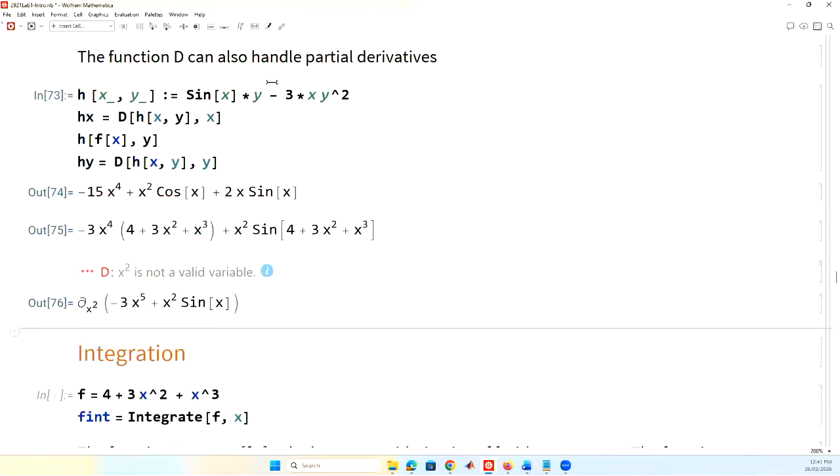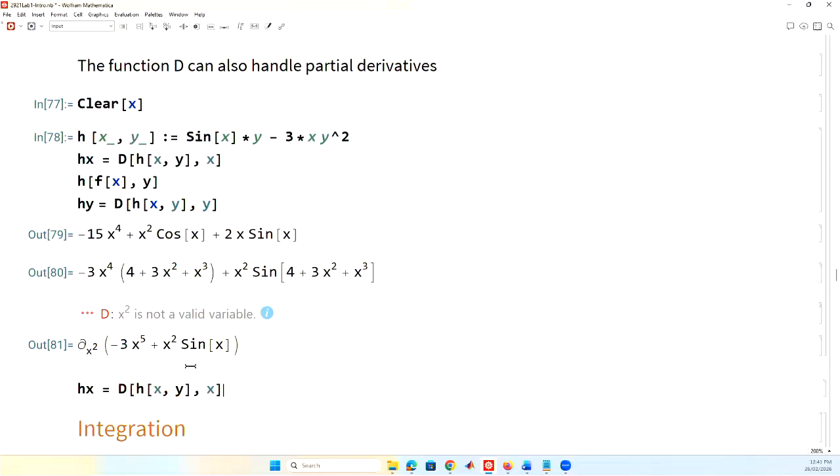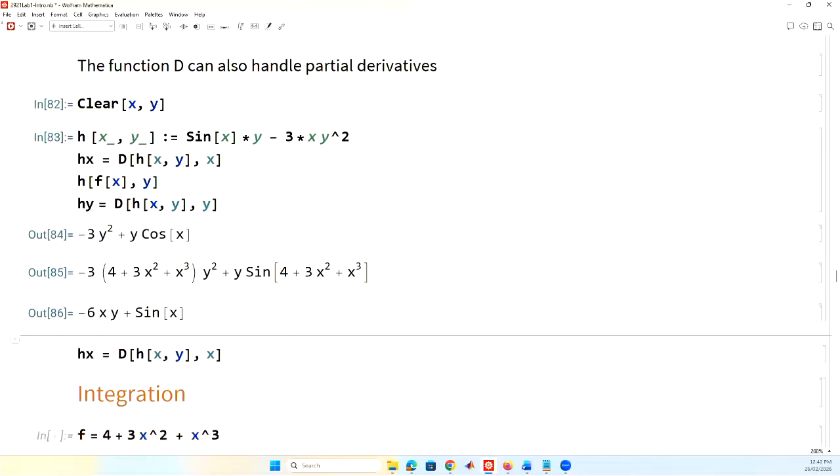probably set x to be something somewhere. Okay, nope. One thing at a time. This is why you always do one line at a time. Probably. Did I set y to be something? Okay. All right, now we're cooking. Whoa. Okay. Derivative of h with respect to x.